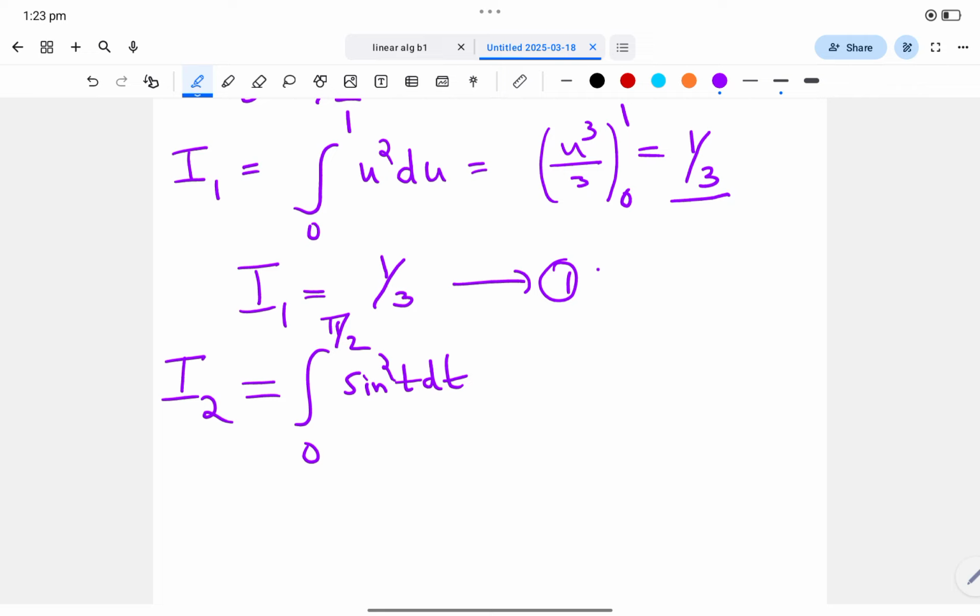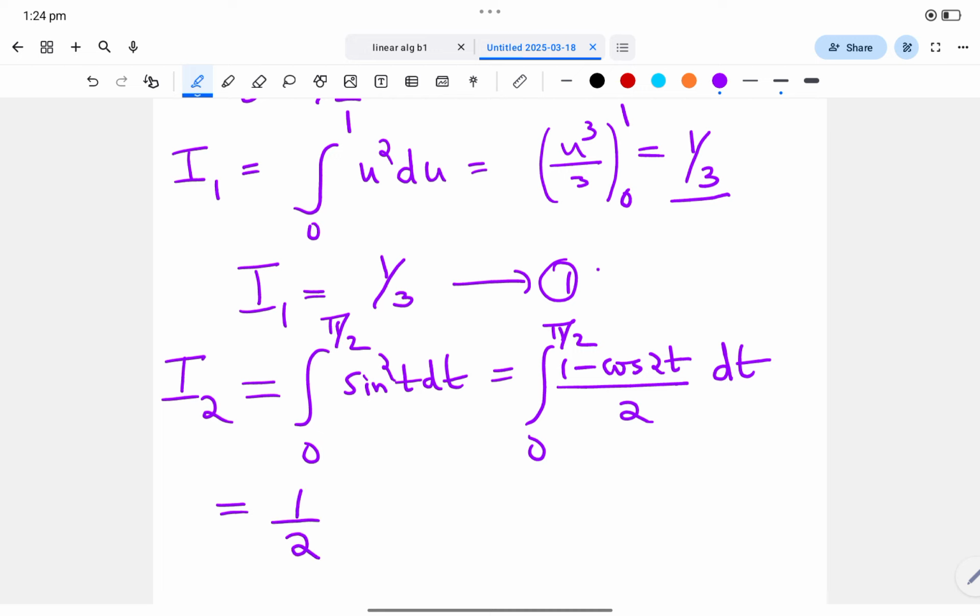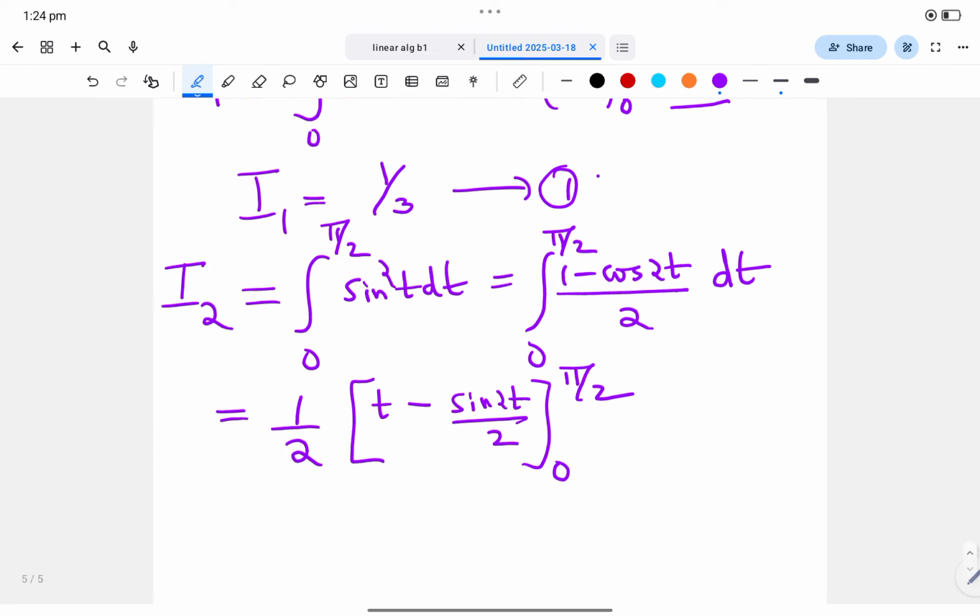We know that the formula for sin square t is (1 minus cos 2t) by 2. So let us substitute that. This is equal to integral 0 to pi by 2 (1 minus cos 2t) by 2 dt. This is equal to 1 by 2 into (t minus sin 2t by 2) between the limits 0 and pi by 2.